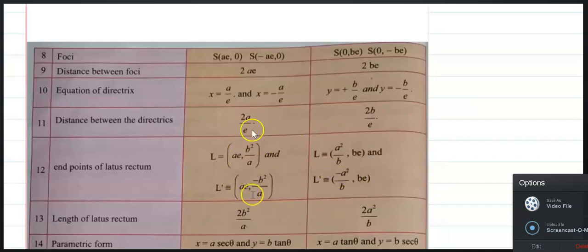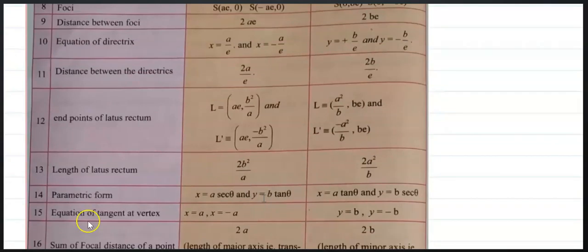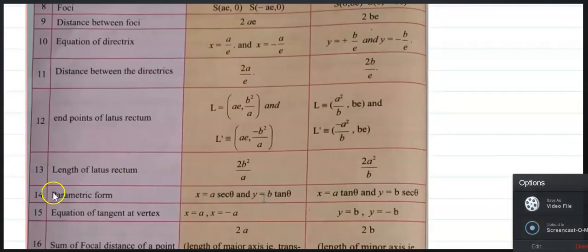To remember, look here at how the change is made. Next is the length of the latus rectum, 2b square upon a, and here it is 2a square upon b. Parametric equation: x is equal to a sec theta and y is equal to b tan theta. Here x is equal to a tan theta and y is equal to b sec theta.